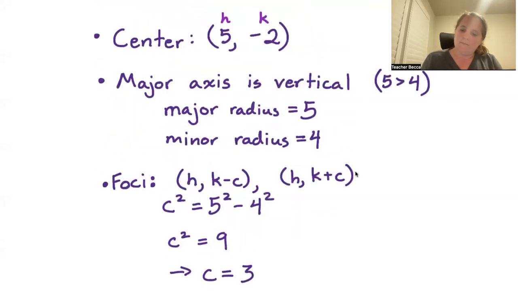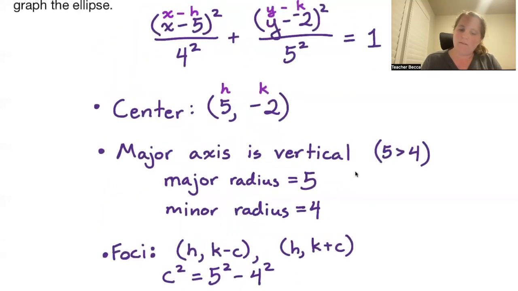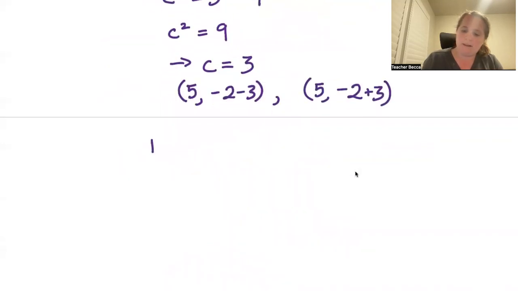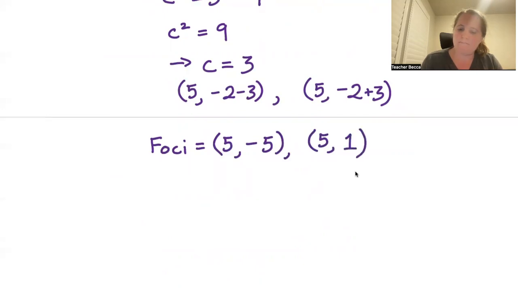Our h was 5, our k was negative 2. So we are looking at 5 comma negative 2 minus 3 and 5 comma negative 2 plus 3, otherwise known as 5 comma negative 5 and 5 comma 1.